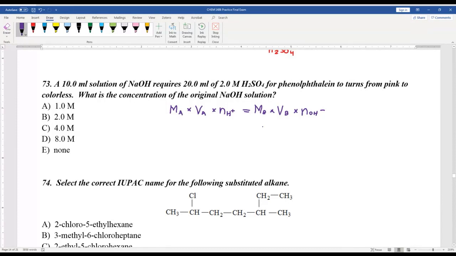So in this case, it's looking for the concentration of the sodium hydroxide solution.